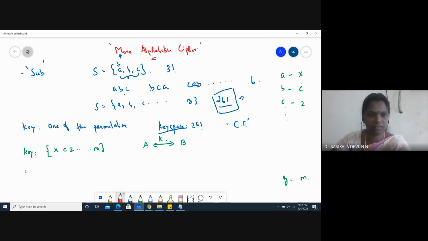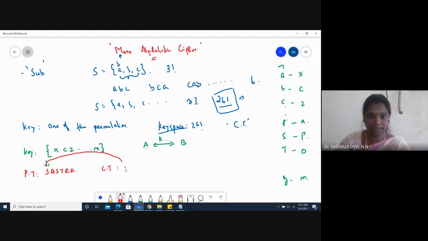For example, my plain text is Sastra. If it is so, the S is to be replaced by, let us assume, this character, E, and A is already here, and T is to be replaced by some character like O, R is to be replaced by some character, and each occurrence of A is replaced by X. X appears two times, so the same character is to be replaced.